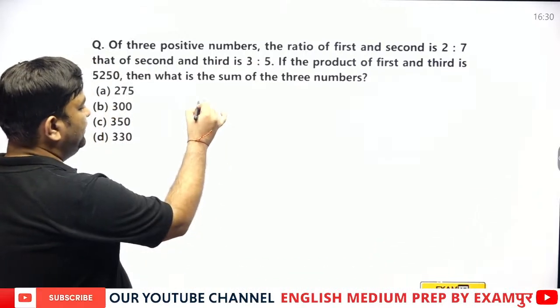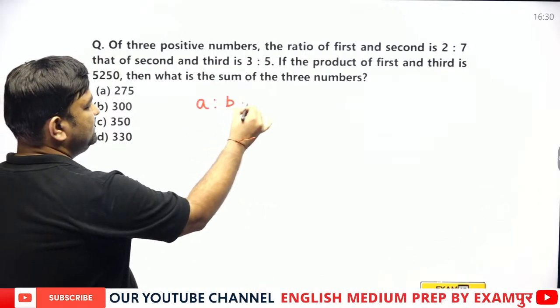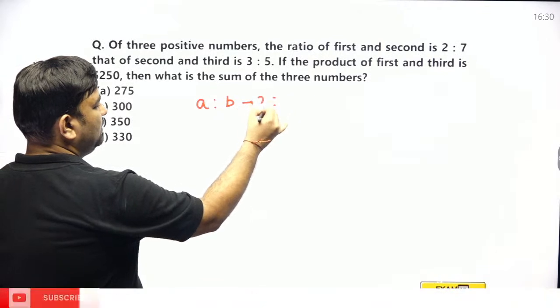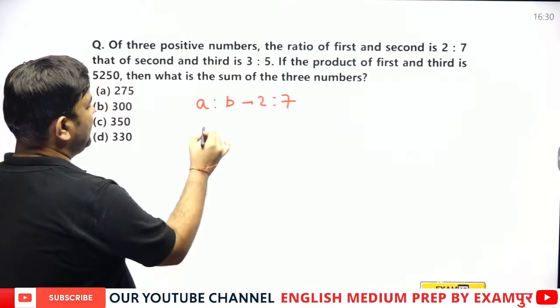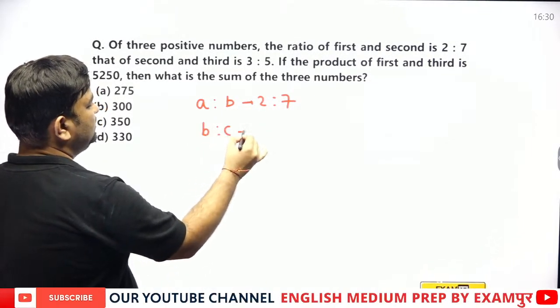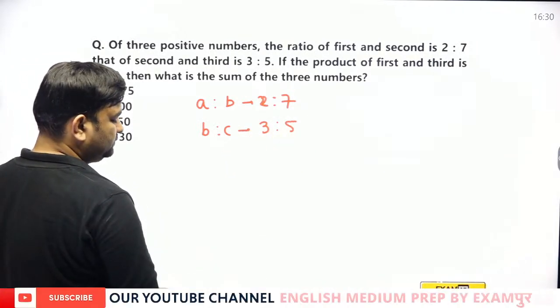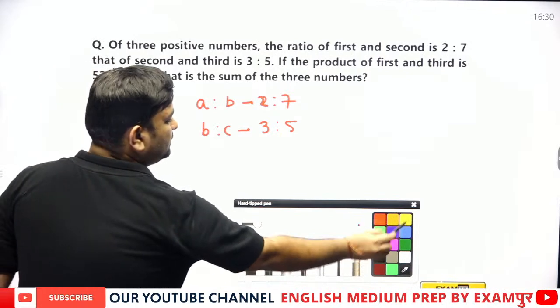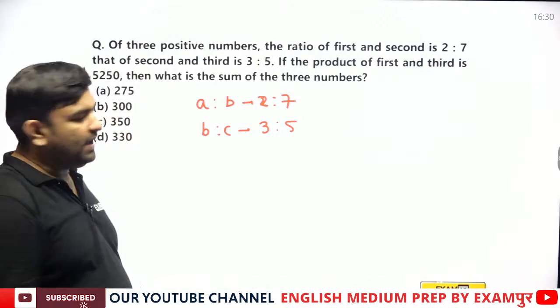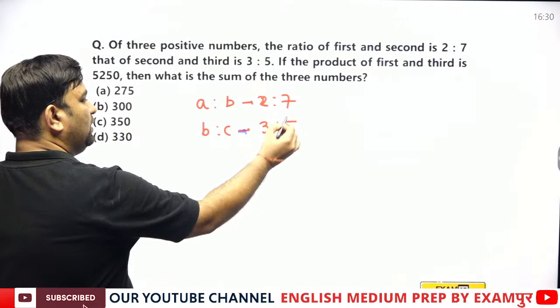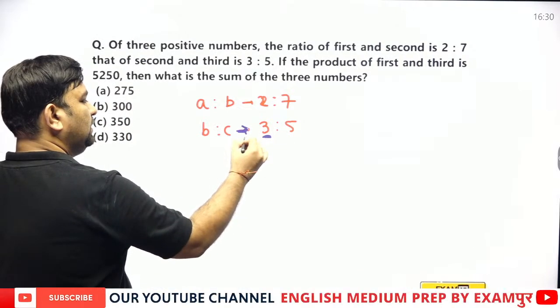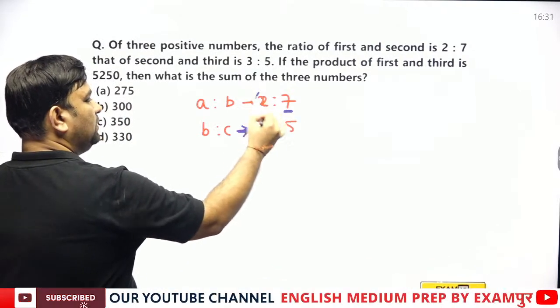First and second number is in the ratio 2:7. And second and third is in the ratio 3:5. Make second number equal.